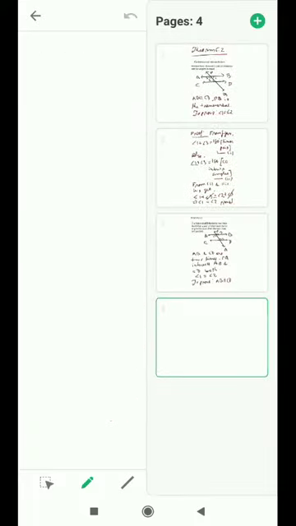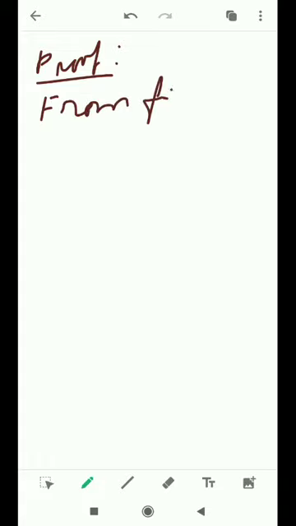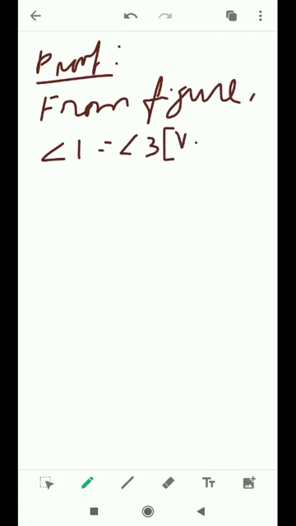So here now what we will do, from the figure, the proof I am going to do. From the figure, what you will get: angle 1 is equal to angle 3. These are vertically opposite angles. So vertically opposite angles are always equal.